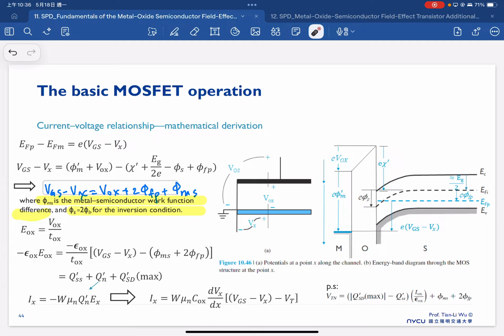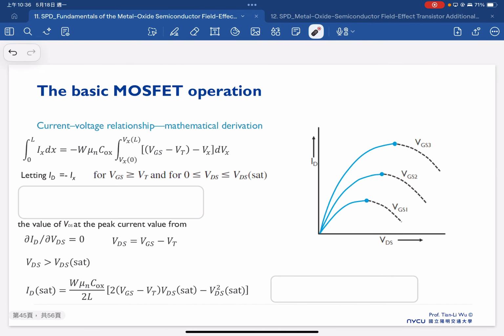The last step is to integrate Ix from 0 to L, putting in everything we know from the previous lines, and we consider that the drain current is equal to minus Ix. With this consideration, in the end we have the current equation.